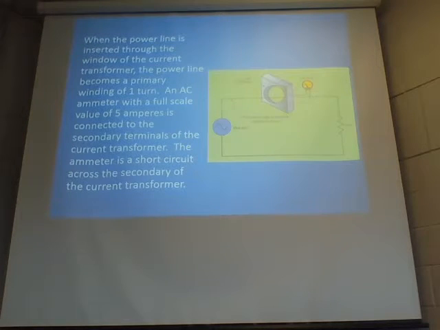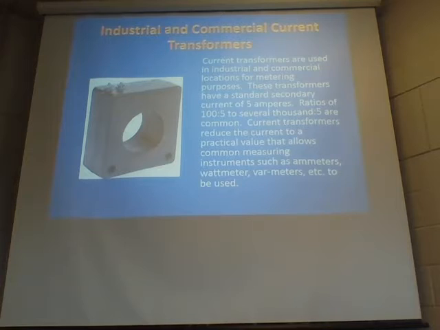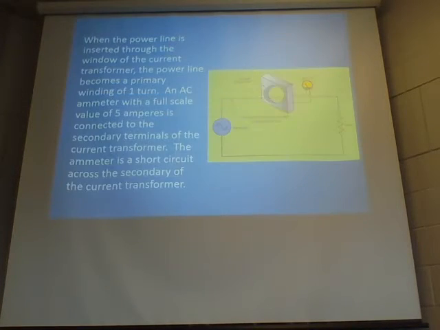An AC ammeter with a full-scale value of 5 amps is connected to the secondary terminals of the current transformer, here and here, so those two terminals there. The ammeter is a short circuit across the secondary of the current transformer.